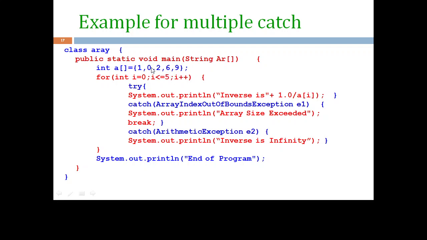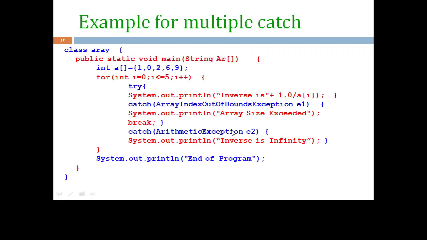But when 1 divided by 0 is calculated, the ArithmeticException will come. So this single statement is possible to cause multiple different types of exceptions.